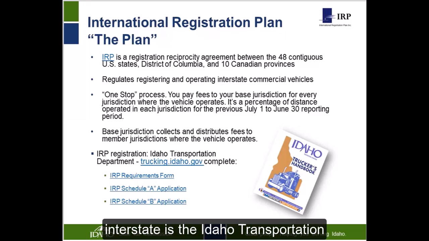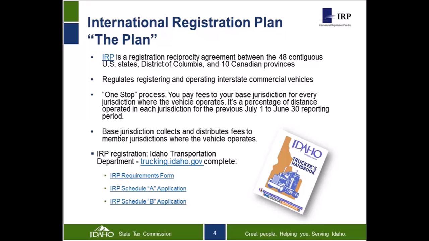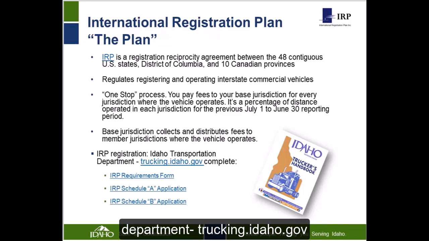And a great resource for IRP and registering your vehicles, any type of vehicles, in-state, interstate, is the Idaho Transportation Department's trucking.idaho.gov. You can register your IRP vehicle there, and when you do that, you'll fill out the requirements form, and basically on the requirements form, it goes through the base jurisdiction, the established place of business, residency, distance reporting requirements, record keeping, and U.S. DOT requirements.